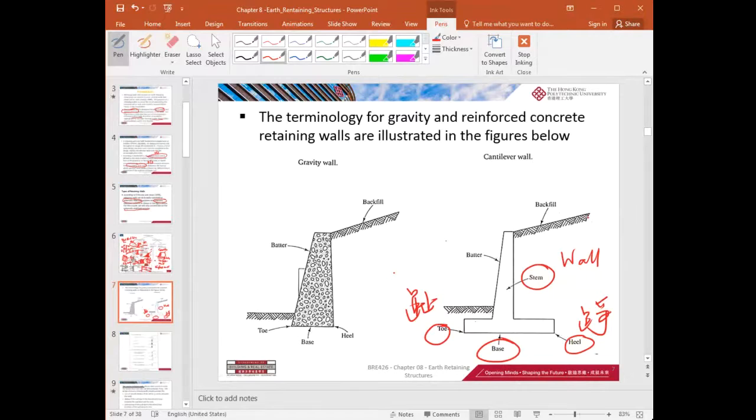Of course, when you construct your retaining wall, you have to excavate up to this line, and first of all you have to construct the base first, and then the wall stem, and then the backfill.